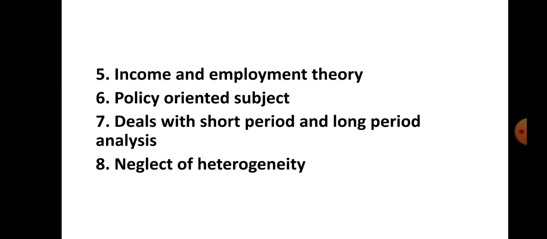To achieve certain goals, and what are they? Economic growth, economic development, social justice, economic justice, control on infant mortality rate, and so on. So macroeconomics is useful to government in making various policies. That's why macroeconomics is also known as a policy oriented subject.